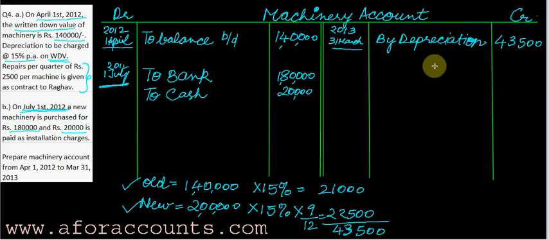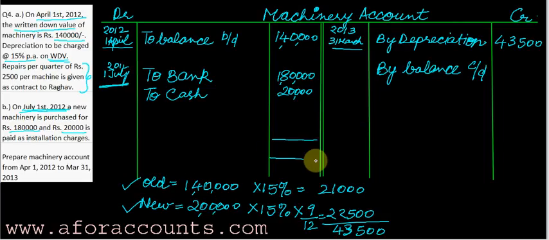Okay, and it is by balance carried down will be your balance. So I need to total this side first. Old machinery plus new machinery comes to 3,40,000.